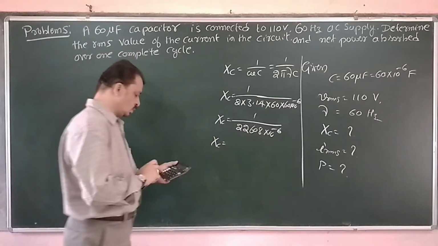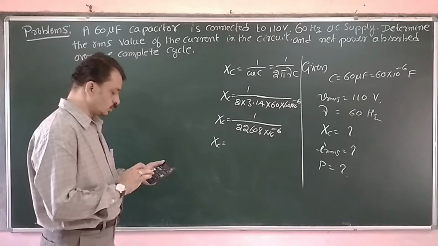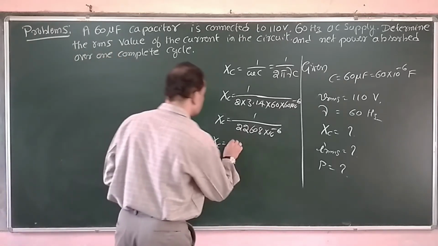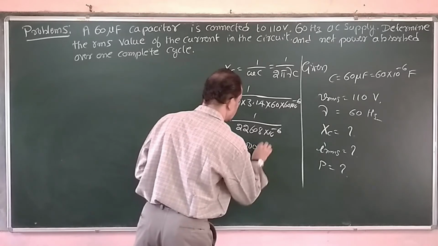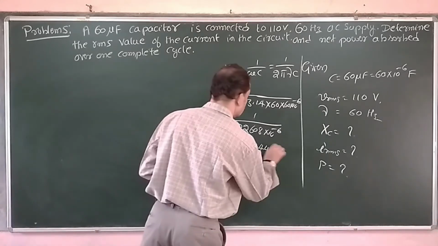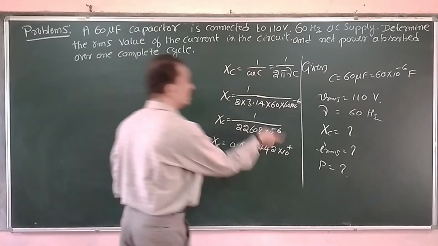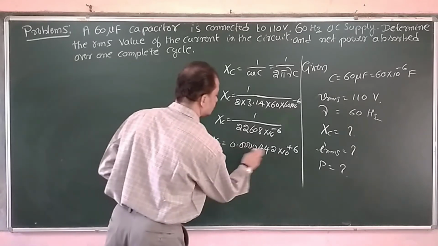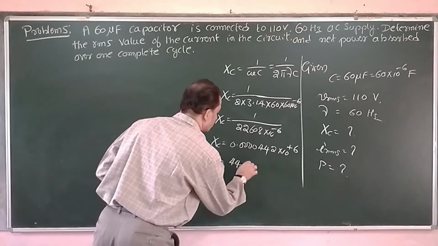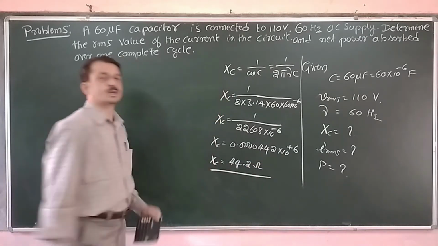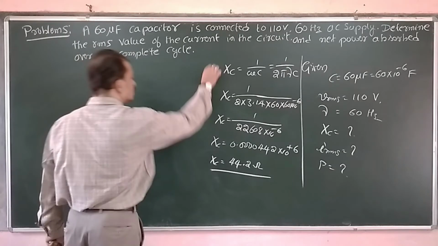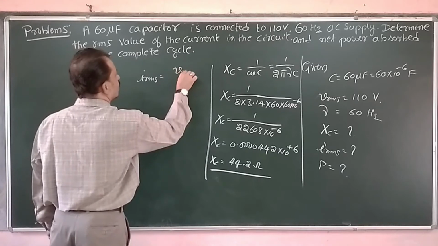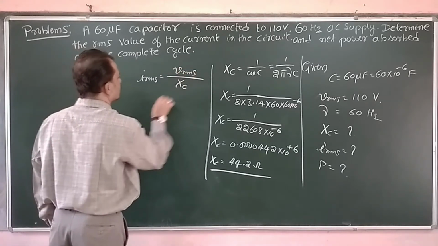Xc is equal to 1 upon 22,608 into 10 raised to minus 6, which is 0.0000442 into 10 raised to minus 6; the denominator moving to the numerator becomes plus 6. If I further simplify this, I am getting 44.2 ohms. The capacitive reactance is 44.2 ohms, and hence the RMS value of the current, IRMS, is equal to VRMS divided by Xc.